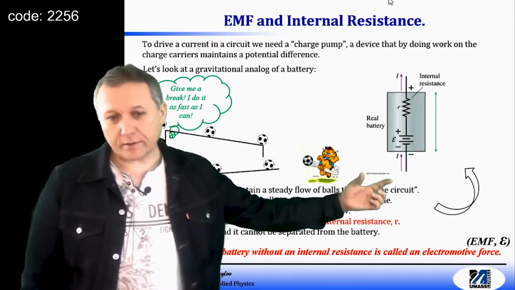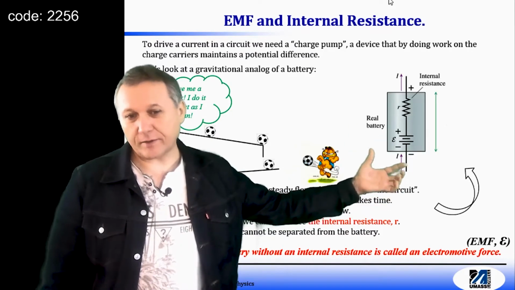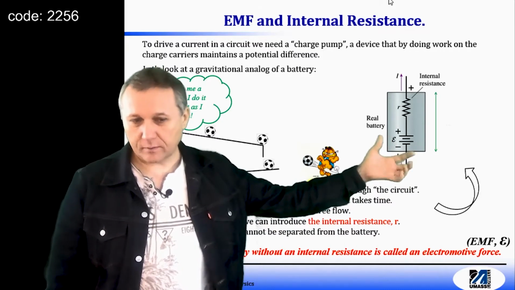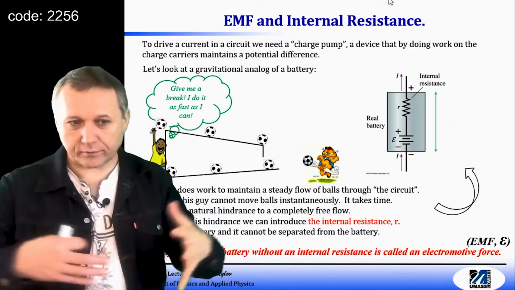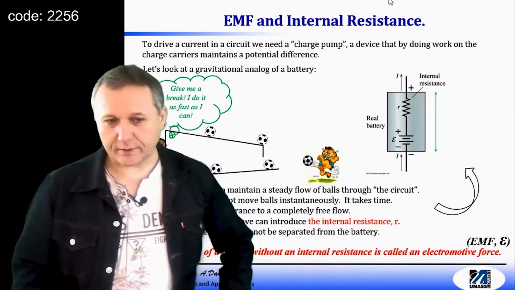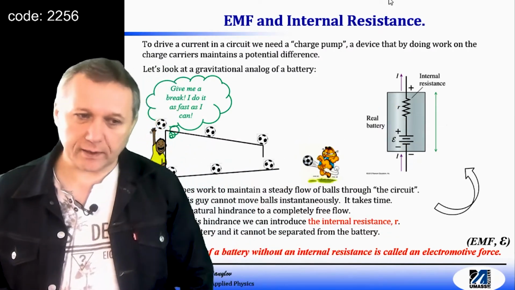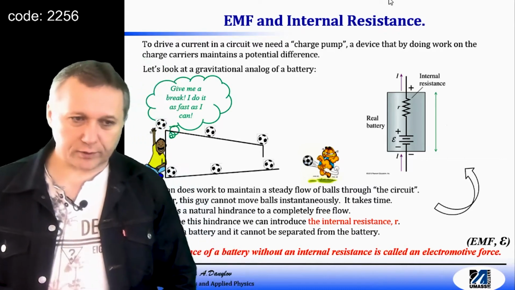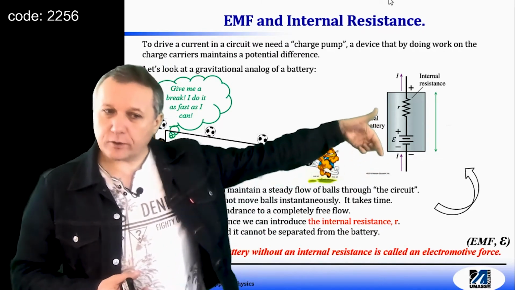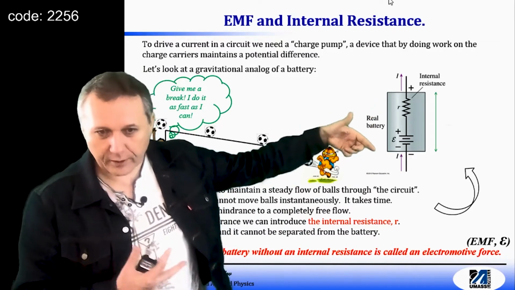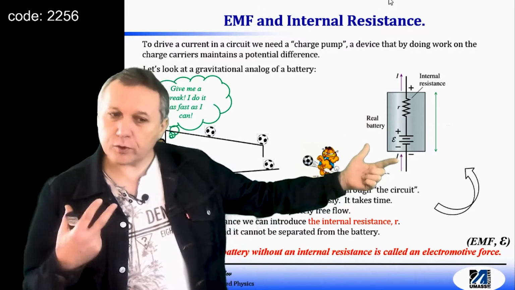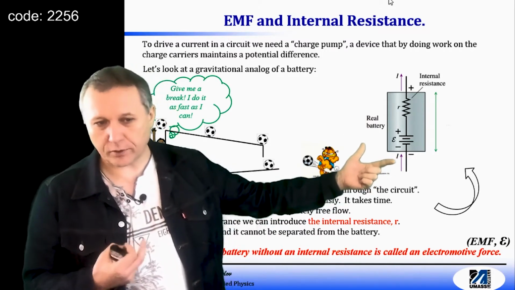Okay, so now as a result, as I said, we can model the battery in this way: EMF, the part of a battery which creates the potential difference, and then the internal resistance. Usually a small letter r is used to denote internal resistance. Now, whenever you measure the potential difference across the battery, what do you actually measure?